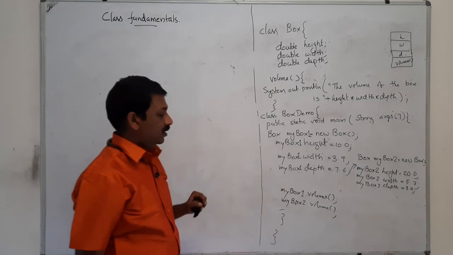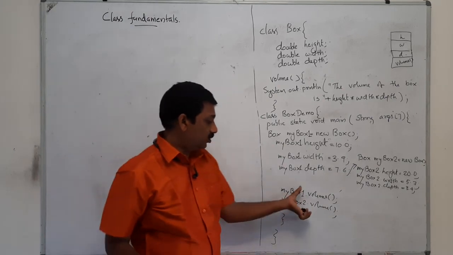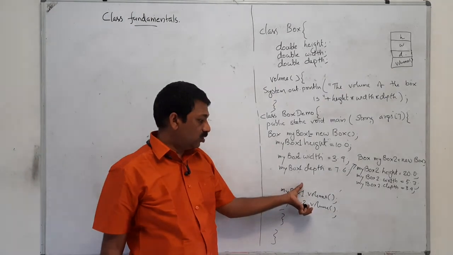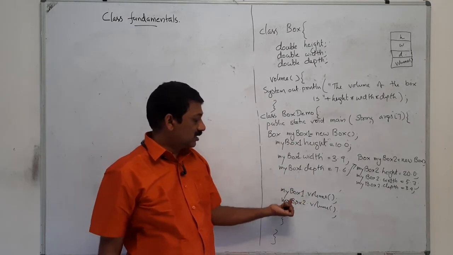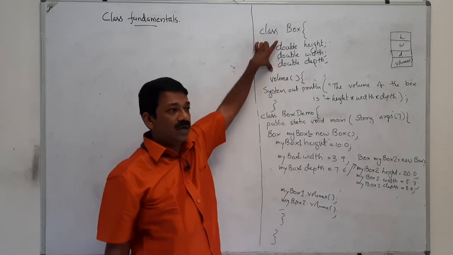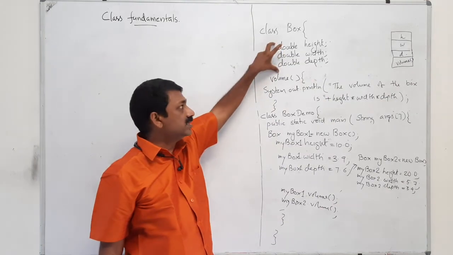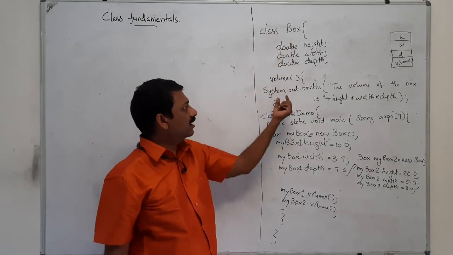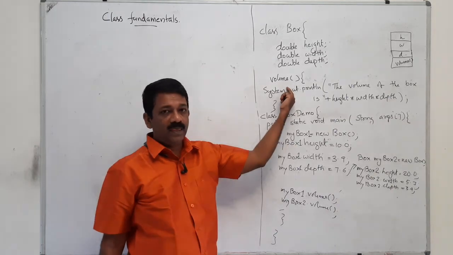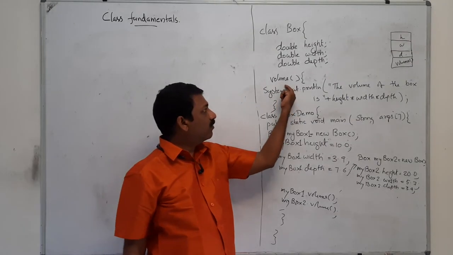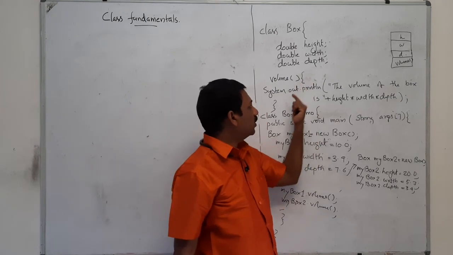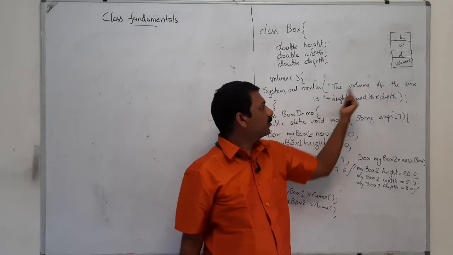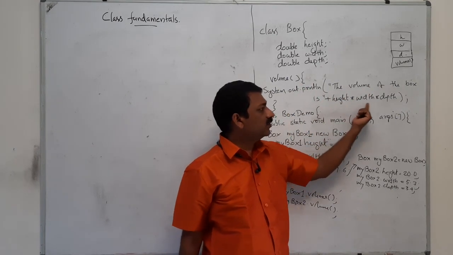That means instead of having two System.out.println statements here, you are giving this as part of the class definition itself. This class has a function volume, and the body of this volume method is System.out.println the volume of the box is height into width into depth.